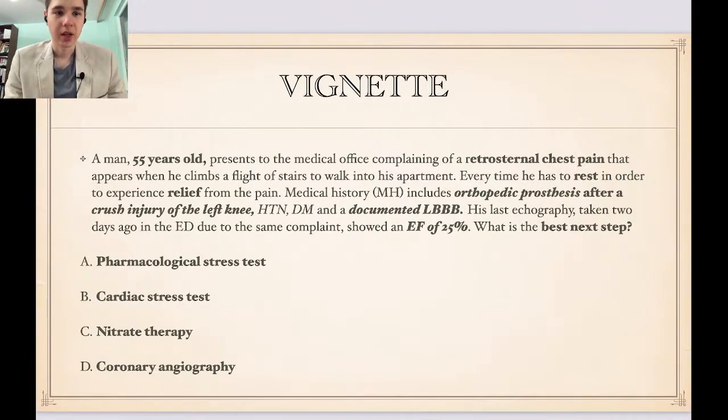So, let's start with a man. He is 55 years old. He presents to the medical office complaining of a retrosternal chest pain that appears when he climbs a flight of stairs to walk into his apartment. Every time he has to rest in order to experience relief from the pain. From the medical history, what is important is that he has orthopedic prosthesis, hypertension, diabetes mellitus, and a left bundle branch block.